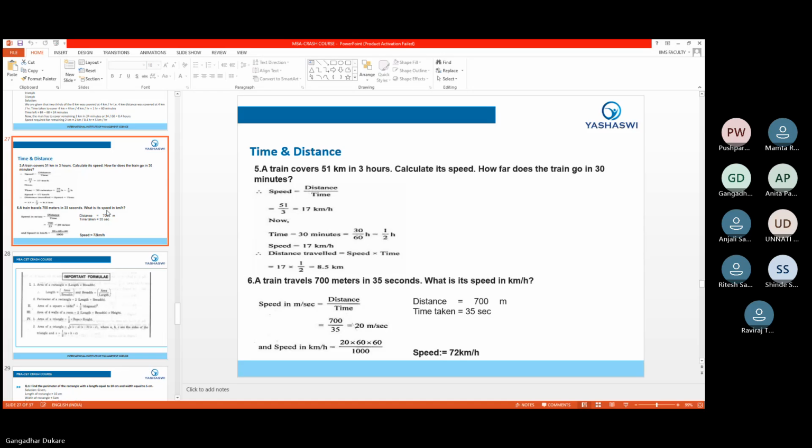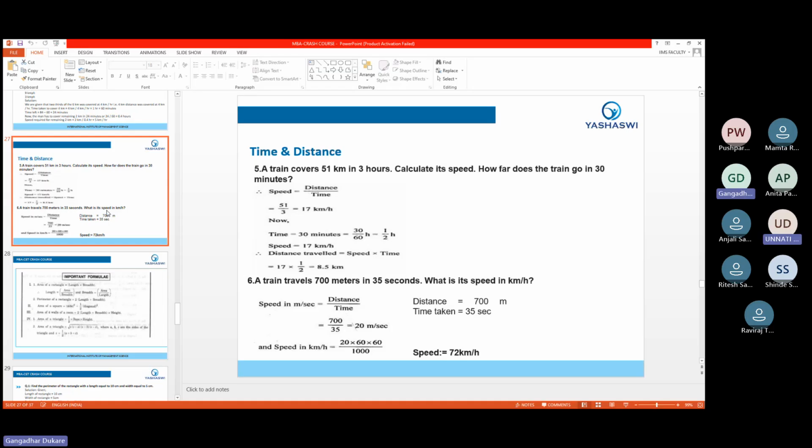Yes, distance we measure in meters, and our speed is given in kilometer per hour. In that case, both parameters need to be in the same units. So we multiply by 5 by 18, which converts the value from kilometer per hour into meter per second. That is the formula for converting kilometer per hour into meter per second.